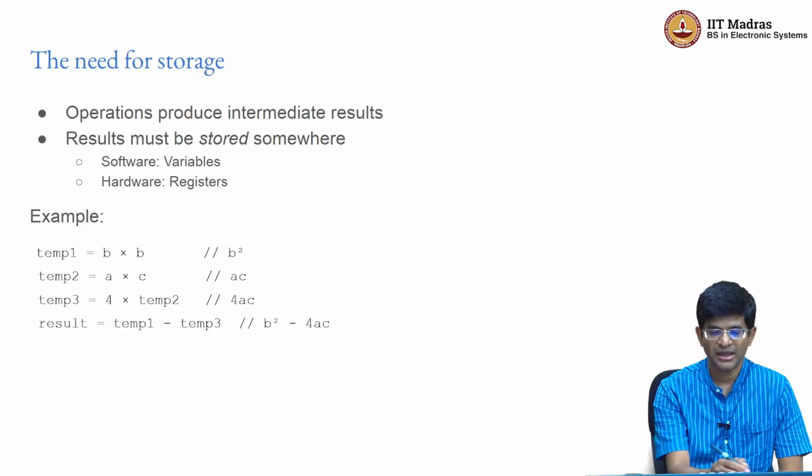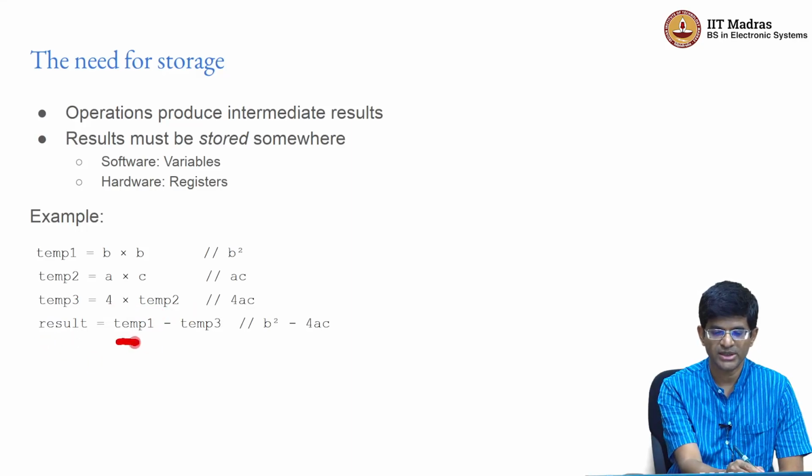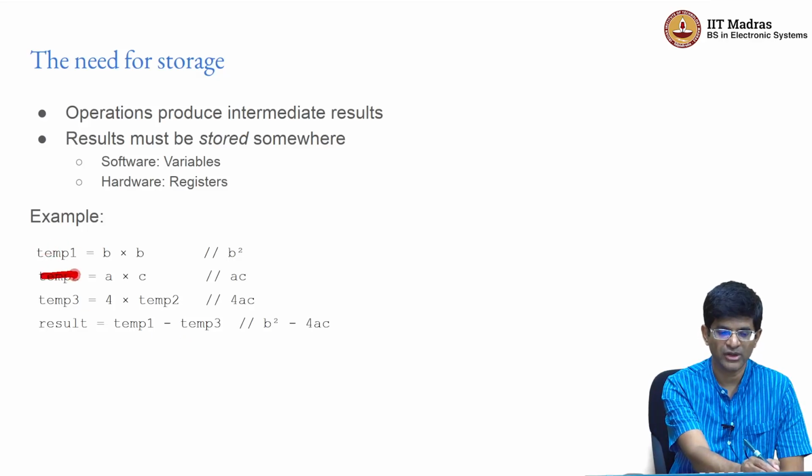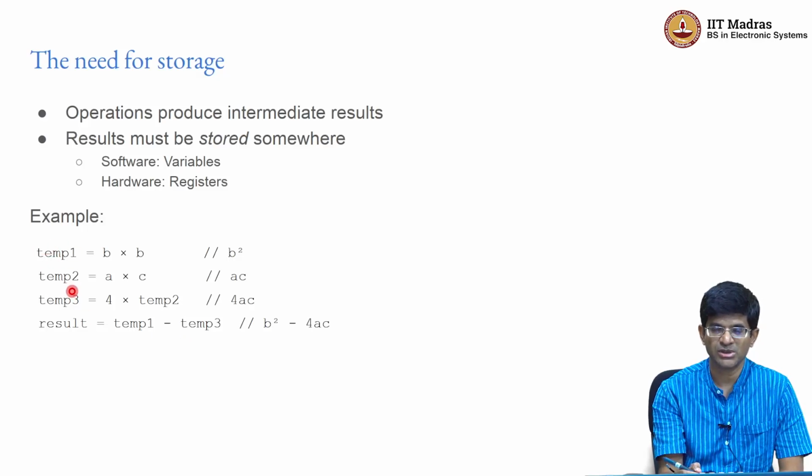And finally, I use result equals temp1 minus temp3. In this way, by having all of these temporary variables or storage, I am able to come up with the final computation, and that in turn gets stored in this variable called result.